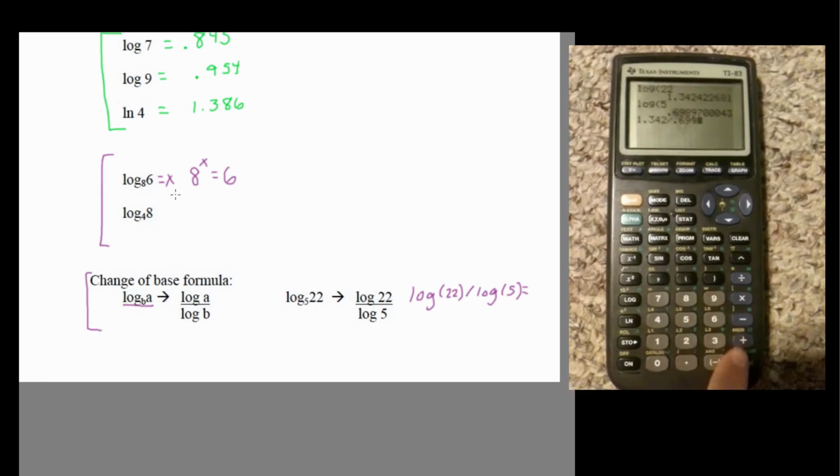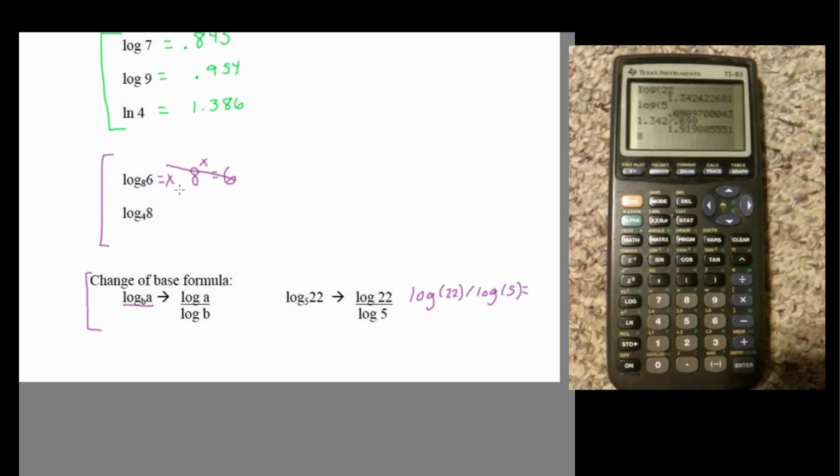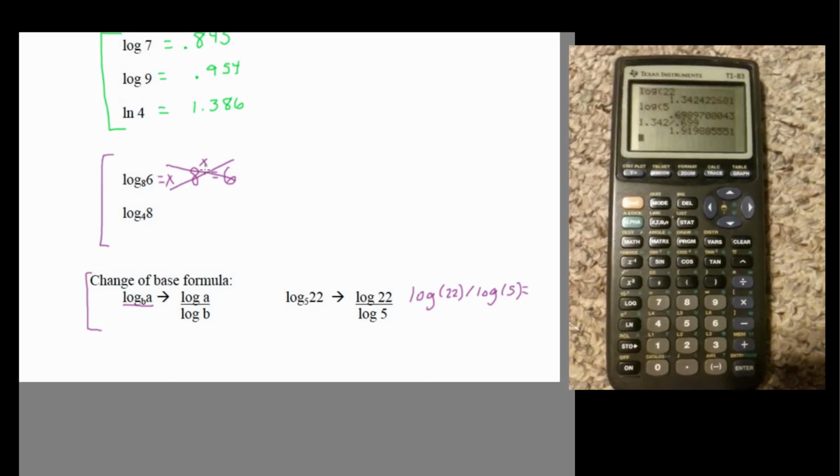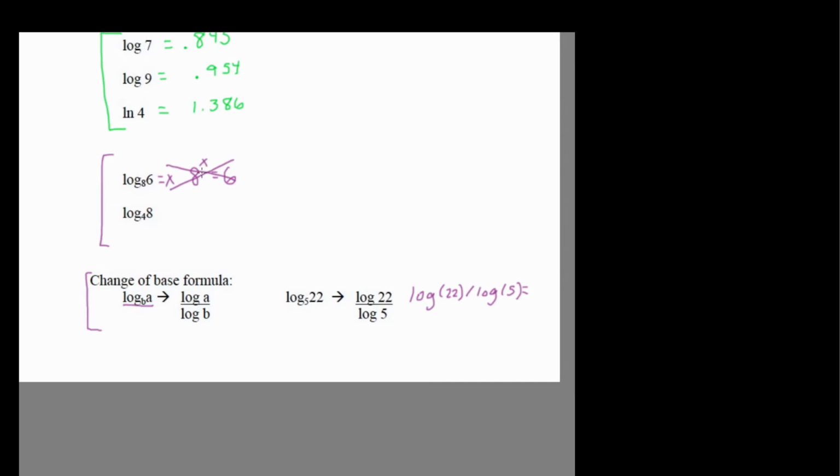So let's go back up to this problem. Changing forms didn't work because I couldn't just tell what that x would have to be. So I'm going to look at my formula. The top one is the log of a, which is this value. So I want to do log of 6 over log of 8.